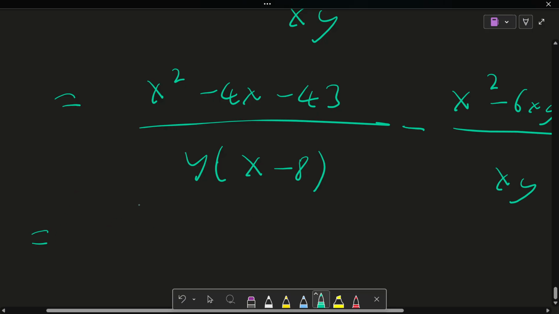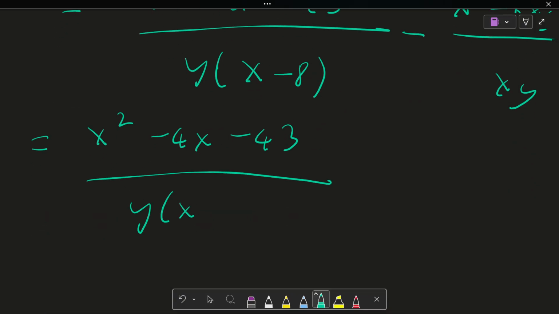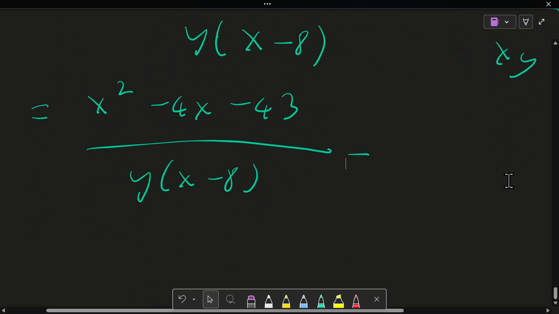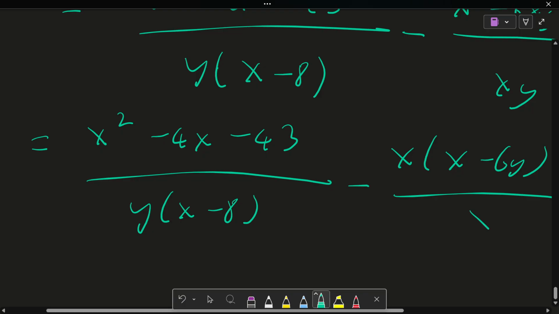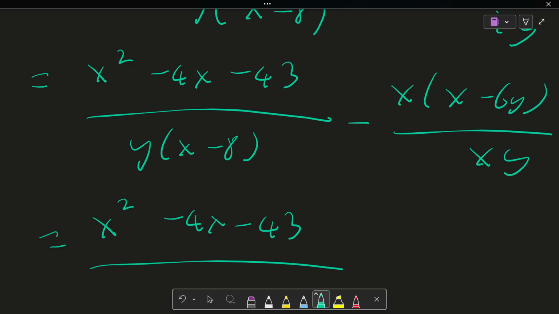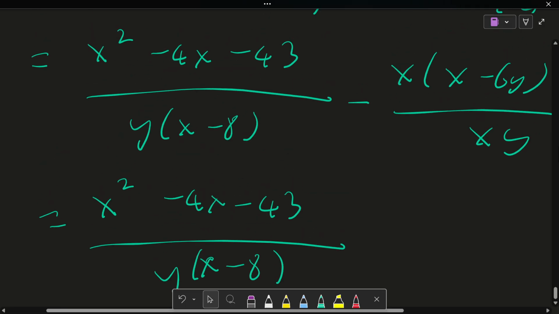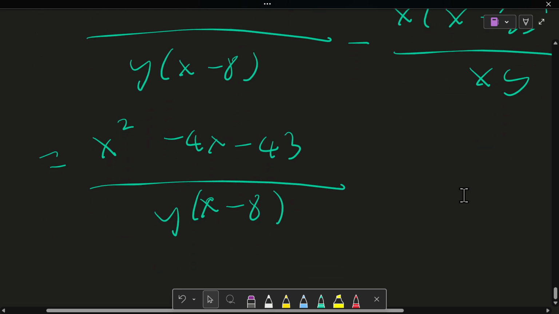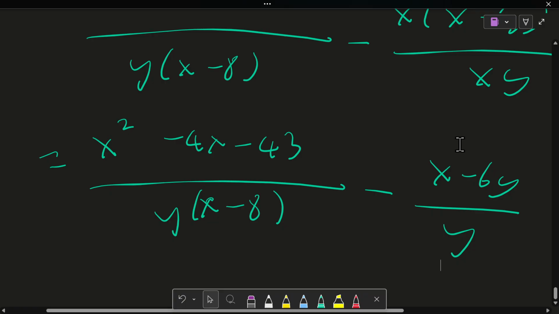This one gives you x squared minus 4x minus 43 over y times x minus 8, minus x minus 6y over y.